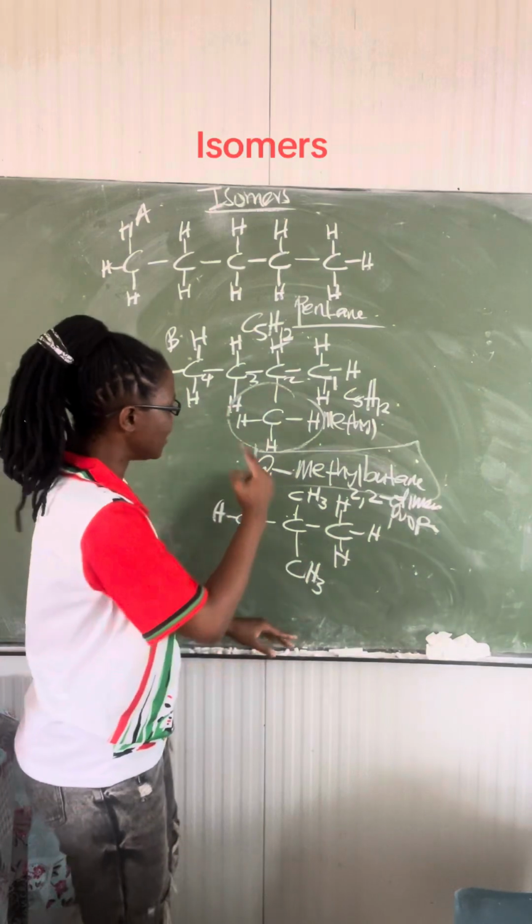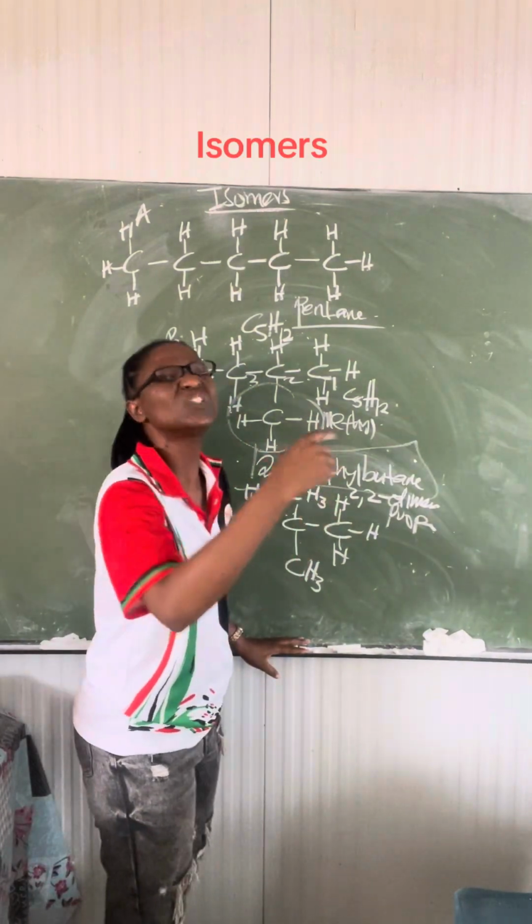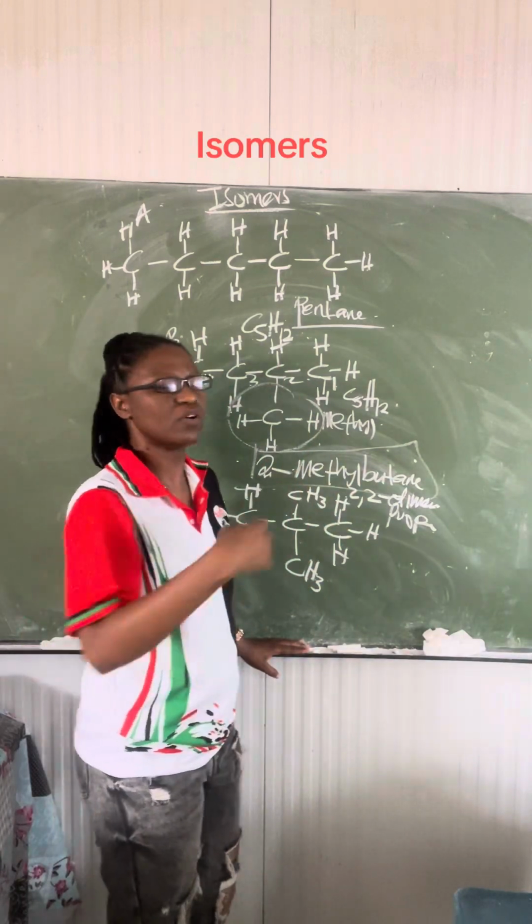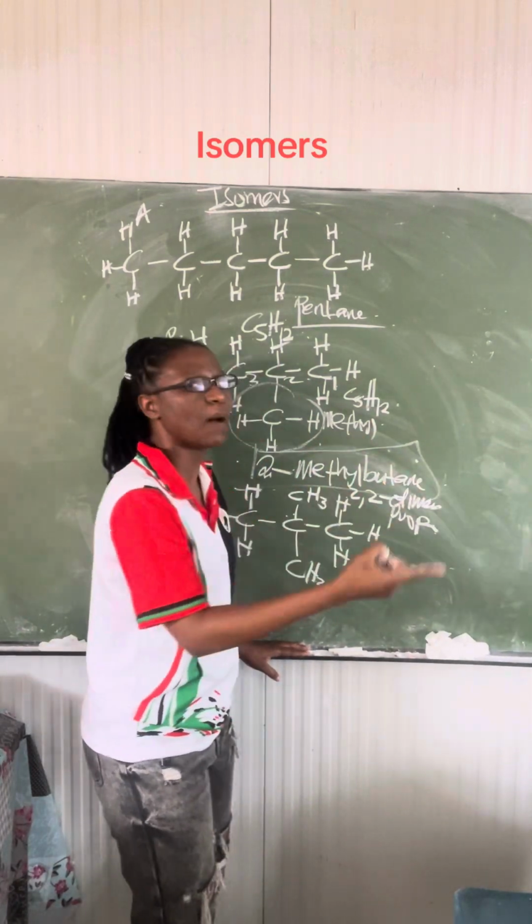The first one is pentane. The second one is 2-methylbutane. The third one is 2,2-dimethylpropane, because to separate a number from a number, we use a comma.